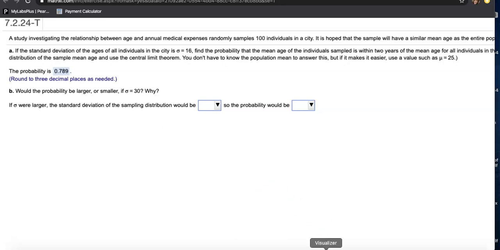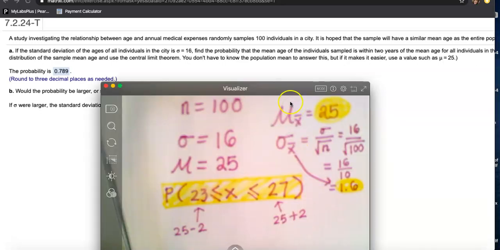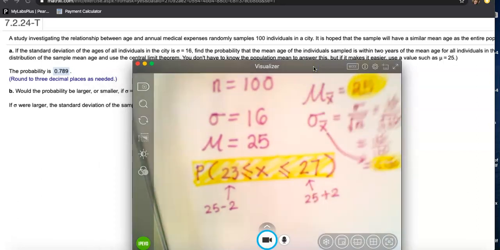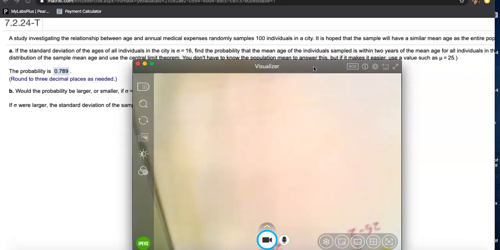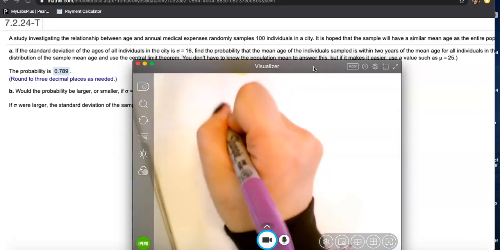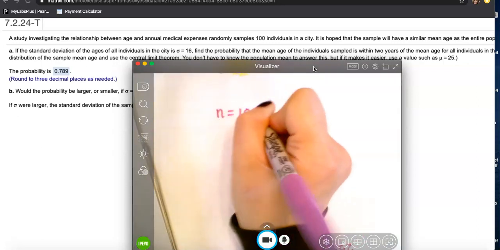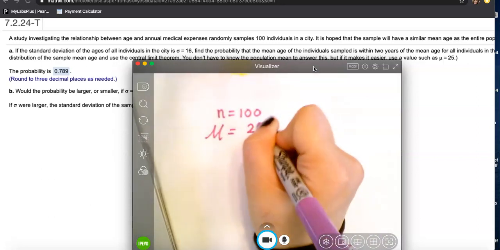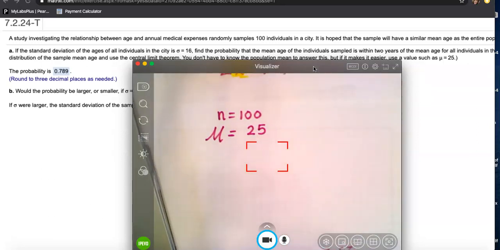It's a good practice. So on my notepad, I'm gonna go ahead and change the standard deviation. Okay. Flip the page. N is still 100, and mean is still equal to, let's just keep it as 25.